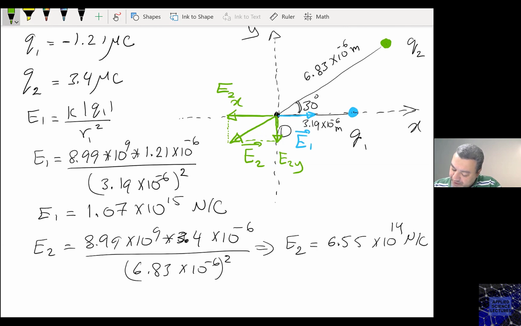So if this is 30 degrees, then this one is also 30 degrees.